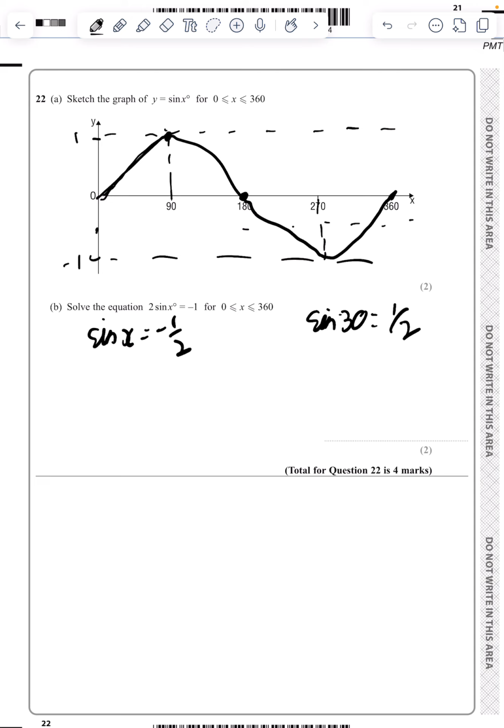So when you're looking for the minus a half, think you've gone 30 along here to get to a half. So from here, you go 30 along to get to this bit. So minus a half is just 180 plus 30. That's one value, and then the other value is the same here, so it'd be 360 minus 30.